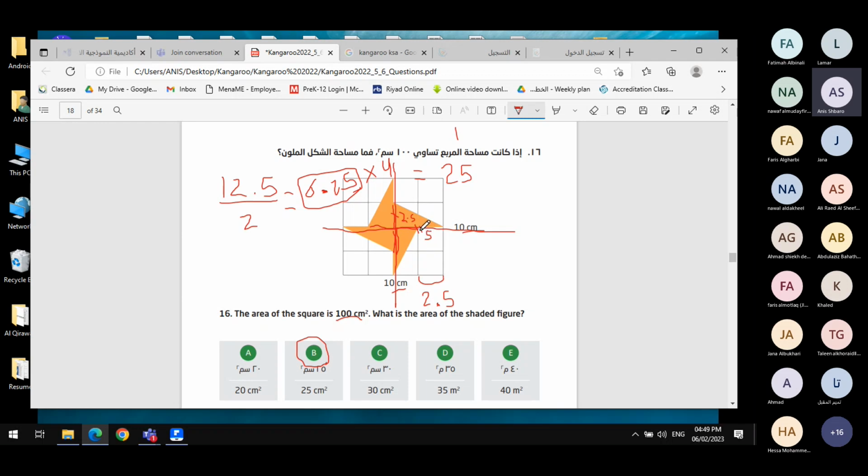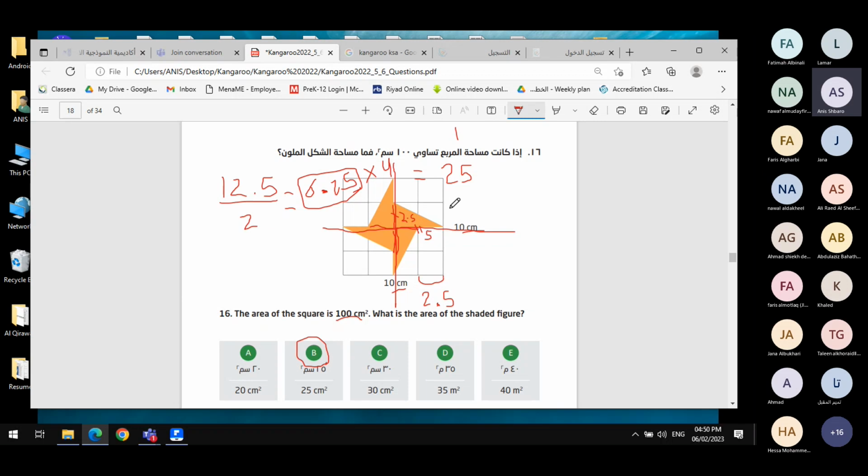So if we don't find the length of each one and don't make those calculations, directly you will say that this shaded triangle is equal to this one, right? Yes. And this whole rectangle is equal to this whole rectangle.